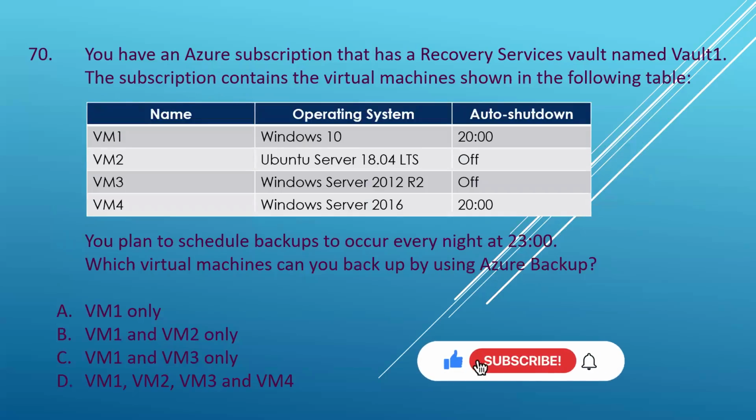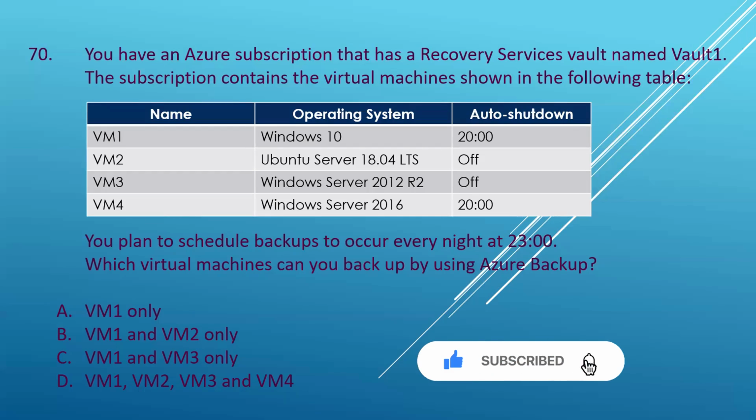You have an Azure subscription that has a recovery services vault named Vault 1. The subscription contains the virtual machines shown in the following table. VM1, VM2, VM3, and VM4 are the 4 VMs, and the operating systems are Windows 10, Ubuntu Server, Windows Server 2012 R2, and Windows Server 2016.